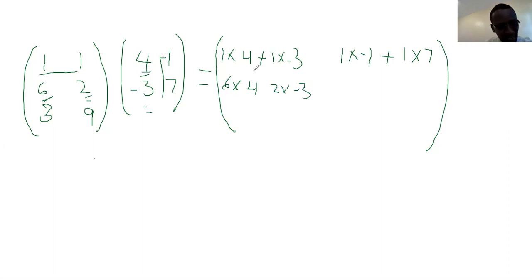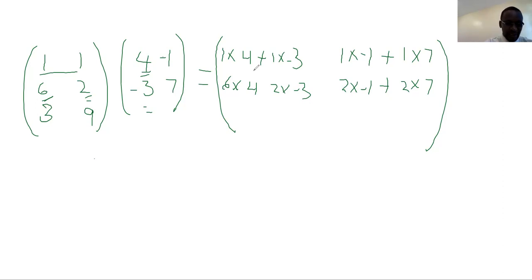Then we go to the same row, 6, 2, with the next column, negative 1, 7. So 2 times negative 1, plus 2 times 7. You can see that. So we are done with the second row.